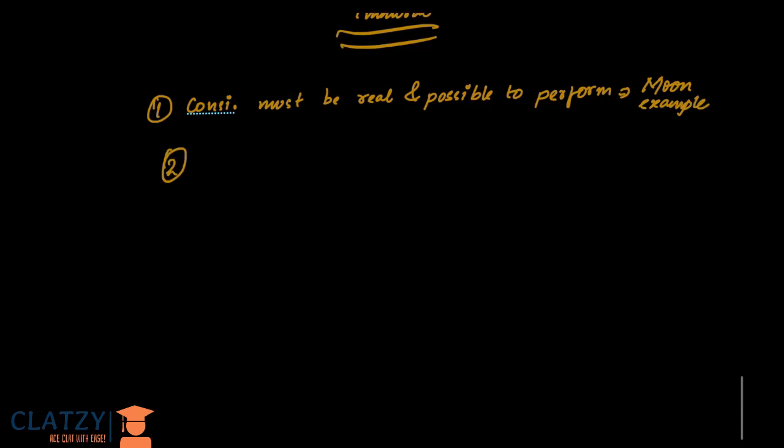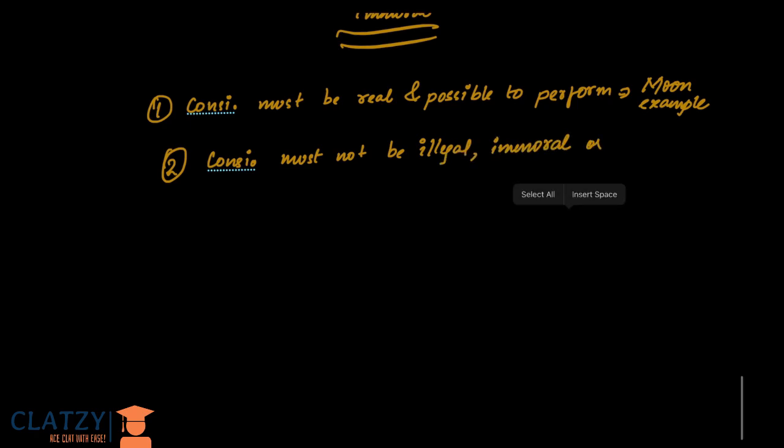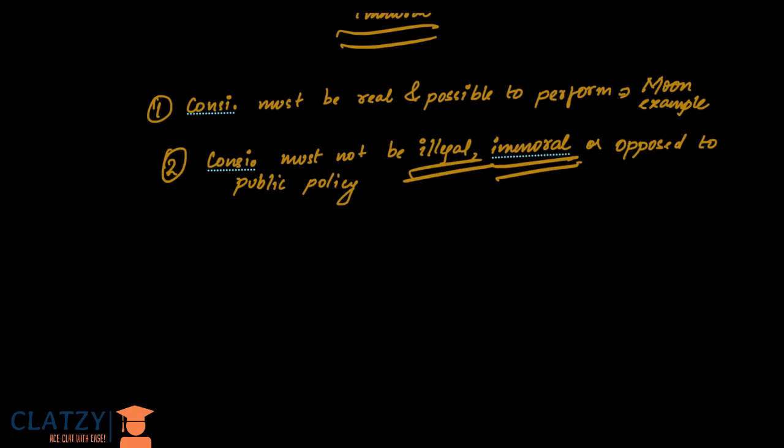And second is consideration must not be illegal, immoral, or opposed to public policy. I gave you a couple of examples for illegal and immoral. I want you to find out an example of when a consideration is opposed to public policy. All right, I want you guys to find that.